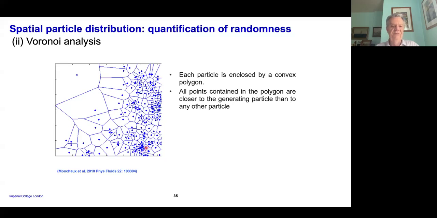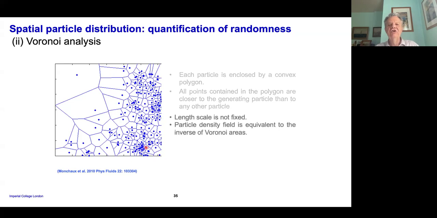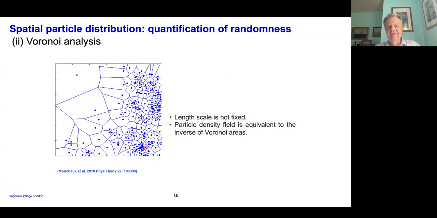So for each individual particle, locally you calculate a very high concentration. This is ideal, because it doesn't matter how many particles you have. By using this method, you can quantify the particle concentration based on a single particle.